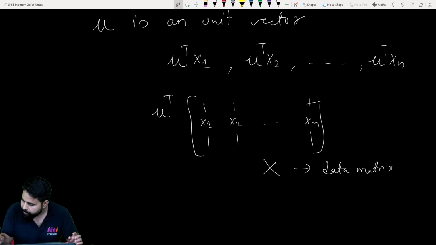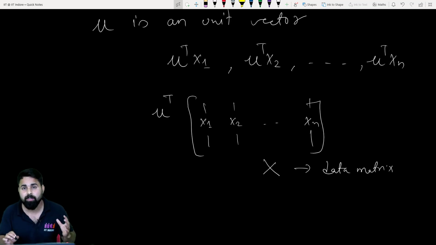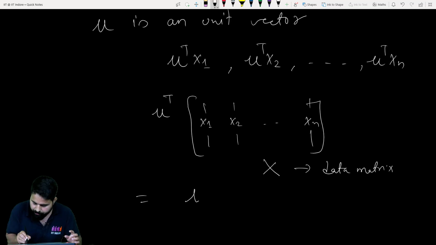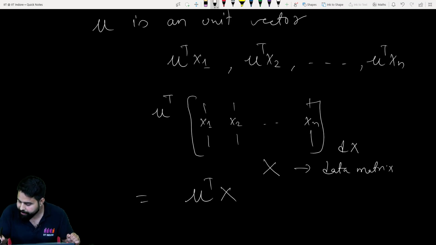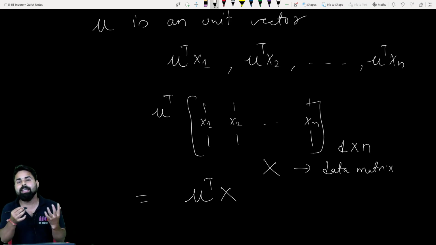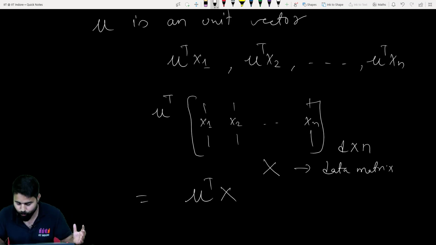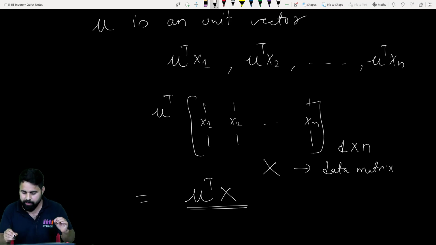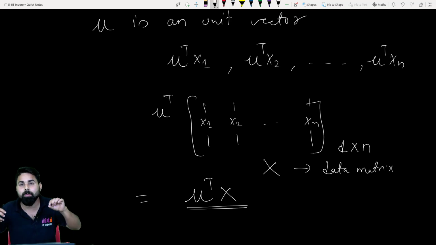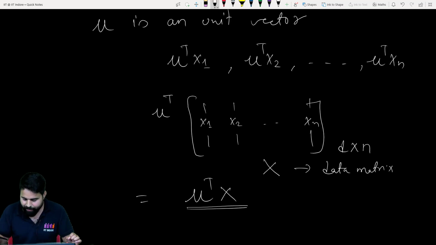When you project all these points on u, this will be nothing but u transpose X. Very good. What will be the size of this matrix X? It will be d cross n, because there are d features and n points. This will be your projected vector. There will be n entries, coming from projecting every data point on u. There are n data points, so there will be n projections.